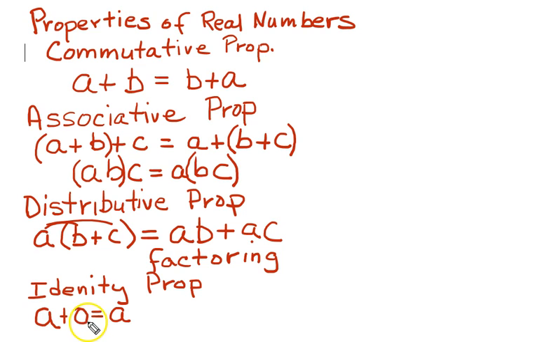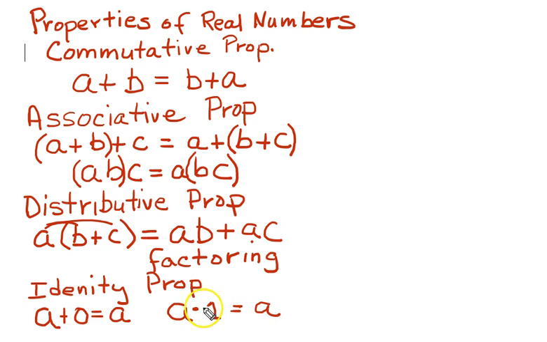What can you add to anything and not change its value? And the answer is 0. Now we also have an identity property of multiplication. What can we multiply anything by and not change its value? And the answer is 1. You could multiply anything by 1, and it's the same value.